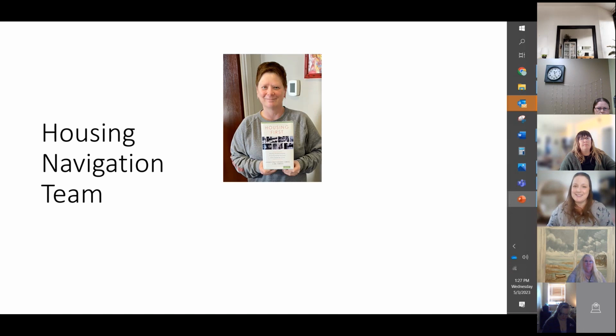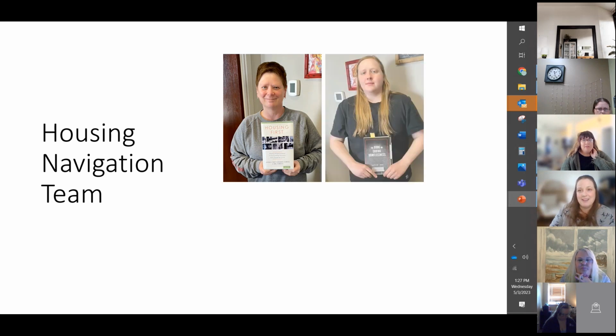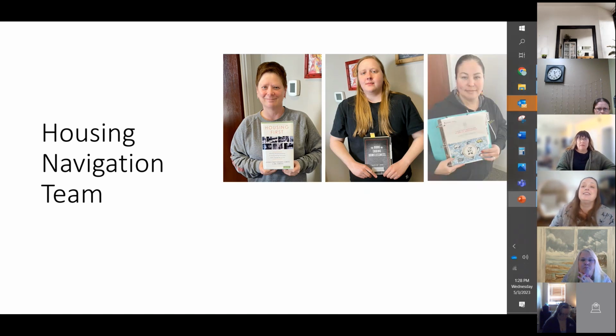And here's our housing navigation team. This was my brilliant idea at the end of the day that everyone supported, or at least told me they supported. This is Linda. She works in our program. She is holding our Housing First book from Sam Tsemberis that we use all the time. Here's Claire from our program, holding our book on ending homelessness from Ian De Jong. Feather works with us, our manual on indigenizing housing first from Betty Edel and the End Homelessness Winnipeg.